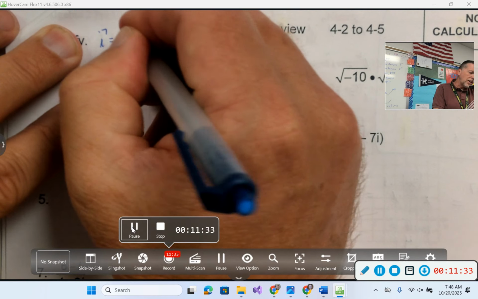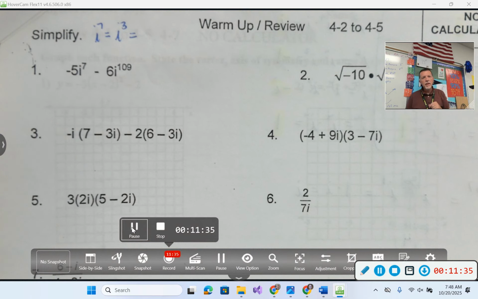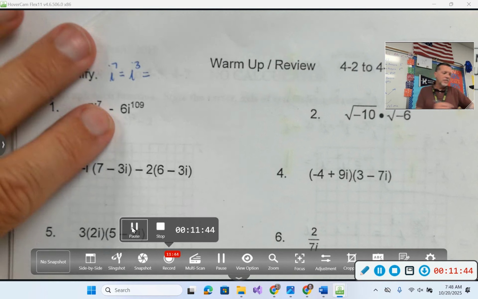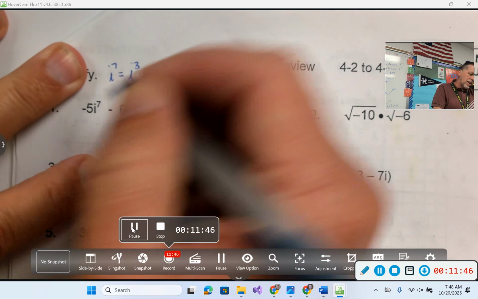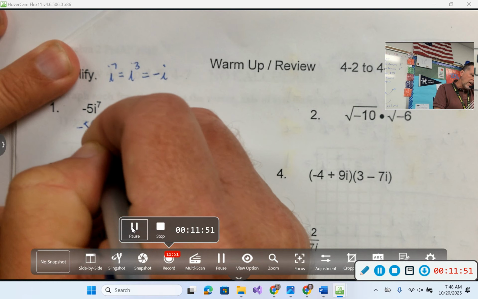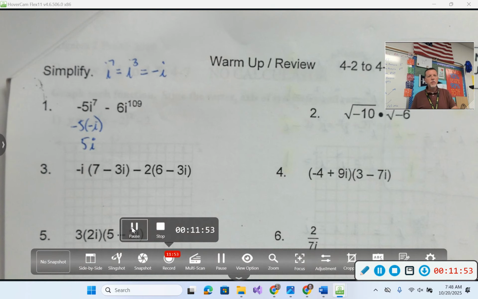Be the same as i cubed. And i cubed is equal to negative 1. No, not negative 1. i squared is negative 1, so this is negative i. So negative 5 times negative i, that would be 5i for that first piece.